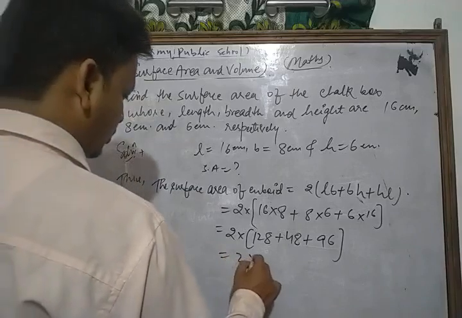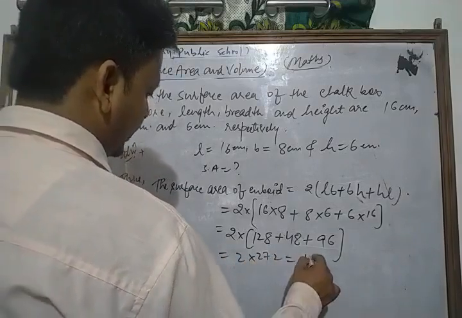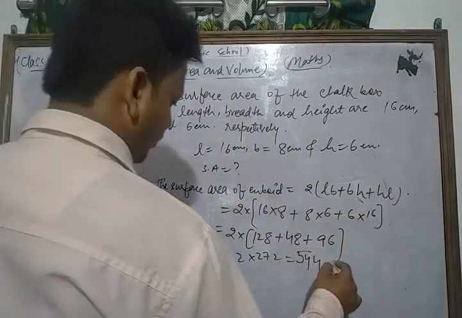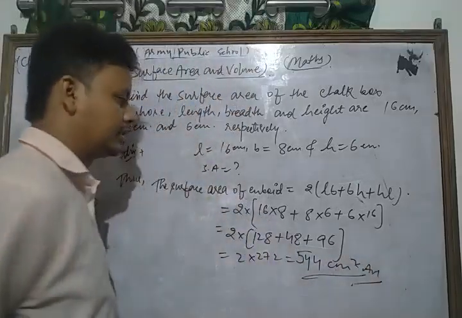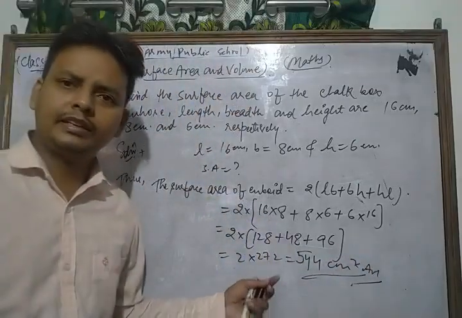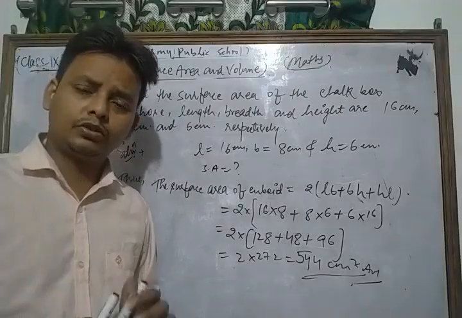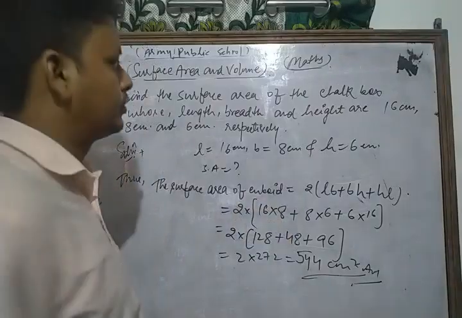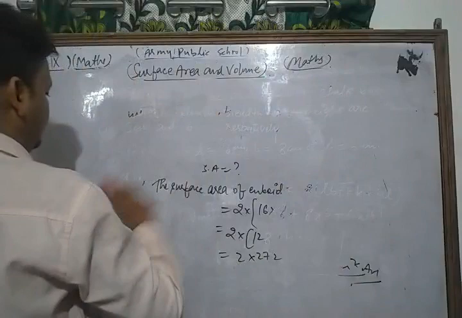This is 2 into 272, which is 544 centimeter square. Thus in this way we get the result. So you can solve each and every question based on a cuboid in this way. Now we take and solve some other important questions based on these types of solids. Let's see.